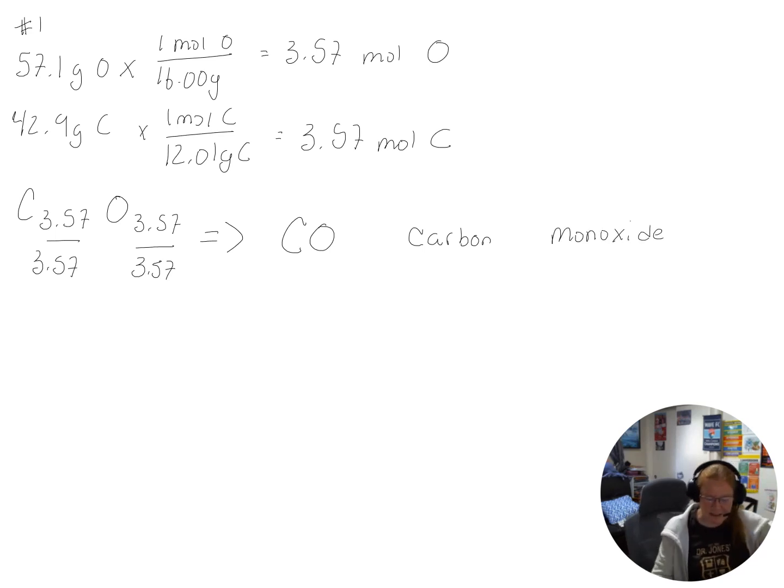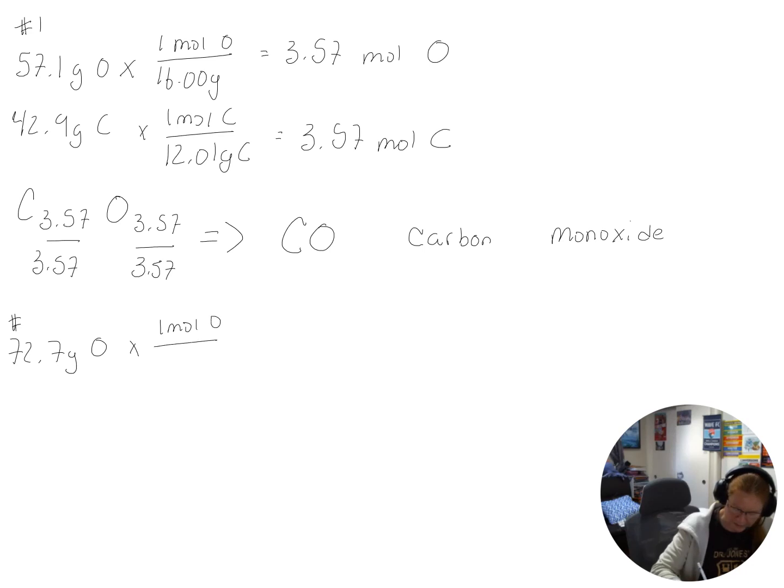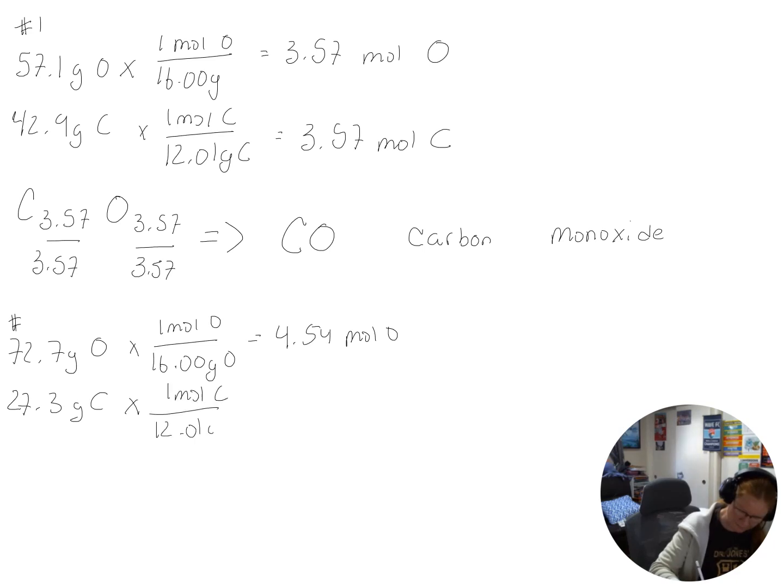Okay, I can do the same thing for my second carbon oxide. Okay, my second one, I had 72.7 grams of oxygen, 1 mole for every 16 grams. All right, and then I had 27.3 grams of carbon. Okay, and I get this 2.27.